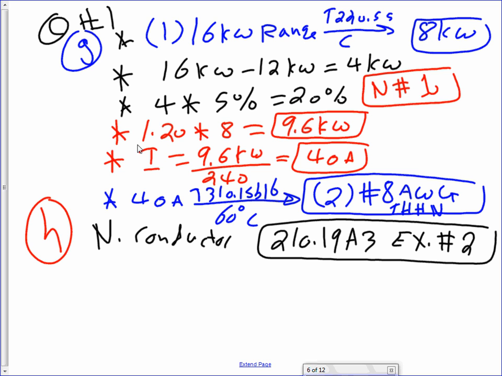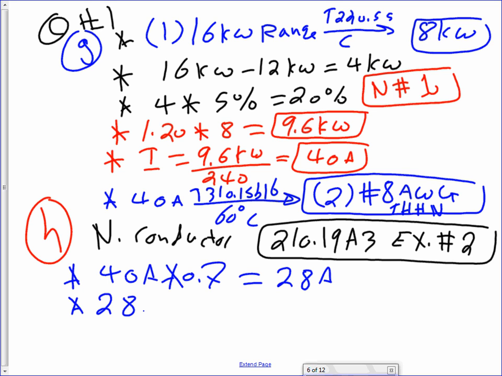Okay, so let's go do that one. Apply that rule. Let's take the neutral. So I have 40 amps. Multiply this one by 0.7. Can somebody do that for me, please? 28. Thank you. 28 amps. Then you take your healthy 28 amps. You take them to which table?